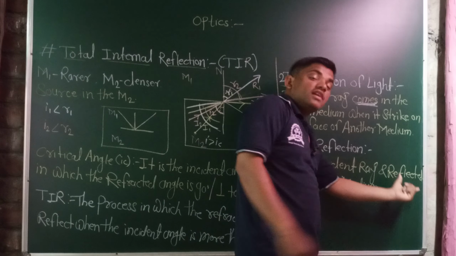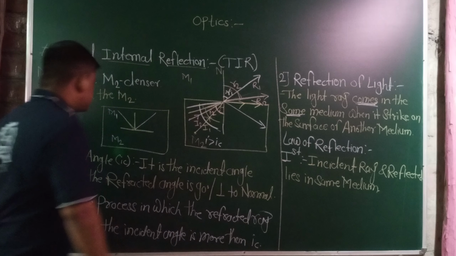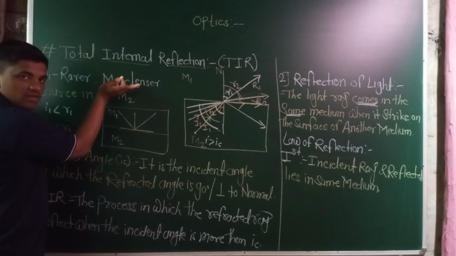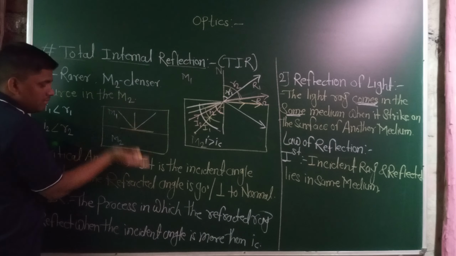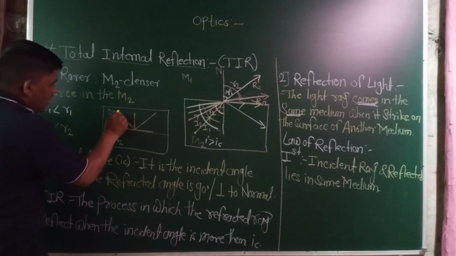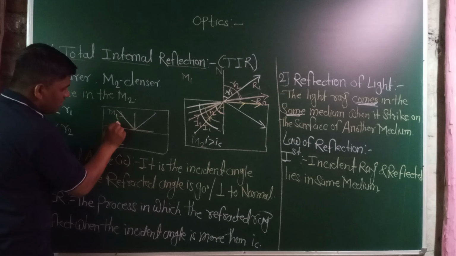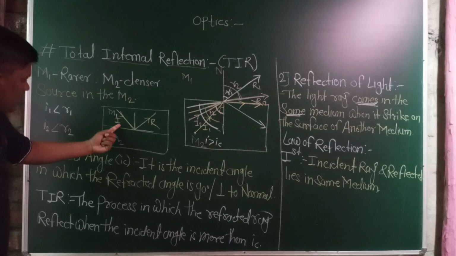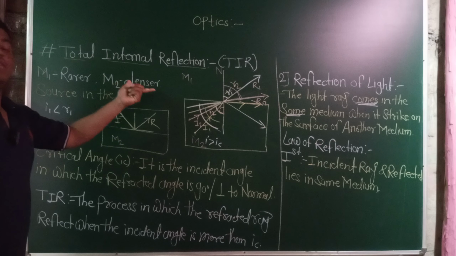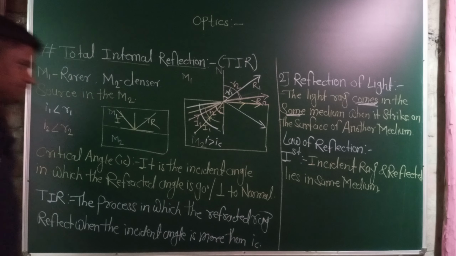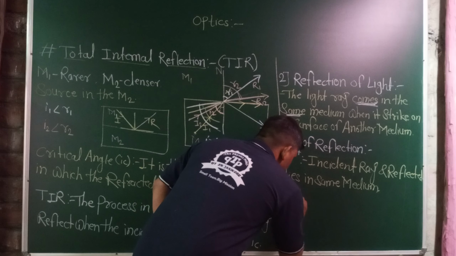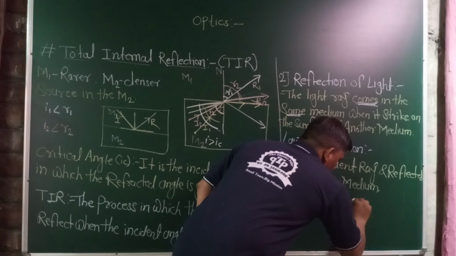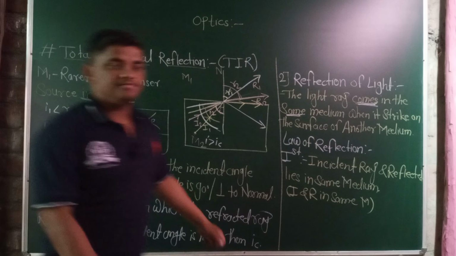The upper medium is M1 and the lower medium is M2. This is the incident ray, shown by I, and this is the reflected ray, shown by capital R. The incident ray and reflected ray lie in the same medium, M1.